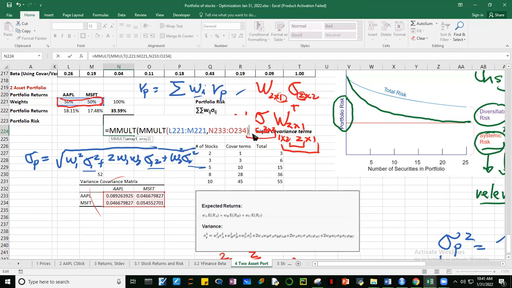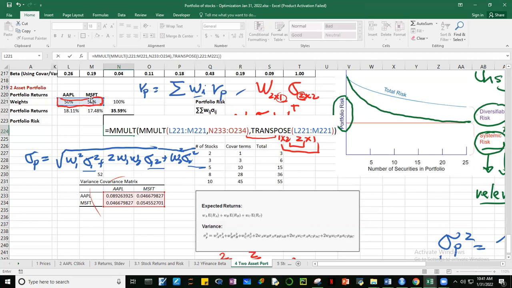Okay, and then ito natin ilalagay sa dulo. Saan natin siya mmult? Sa transpose ng weight matrix. Transpose, a functional transpose of the weight matrix. Okay, there.